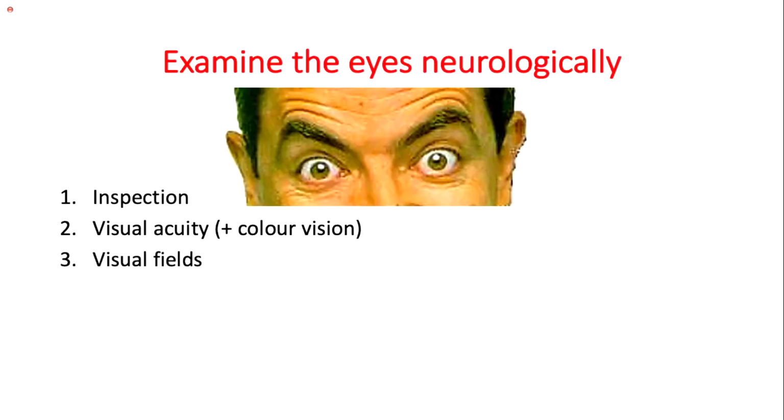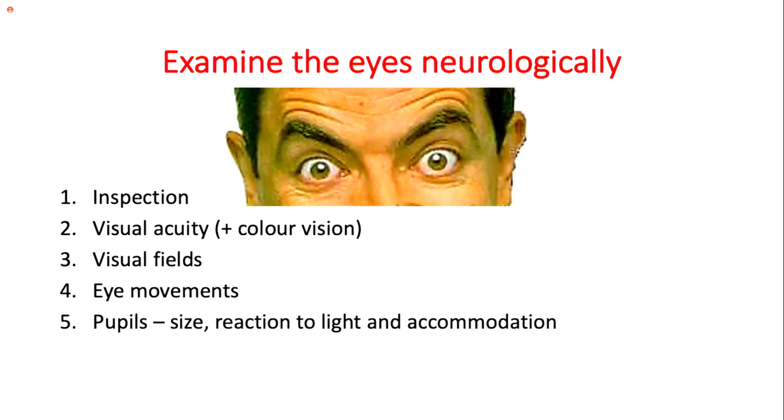Thirdly, visual fields. You should know how to evaluate or measure the visual fields. Fourthly, eye movements. We go in this order: inspection, visual acuity, visual fields, eye movements. Next, the pupils. It is very important to look at the size of the pupils, reaction to light, and accommodation.